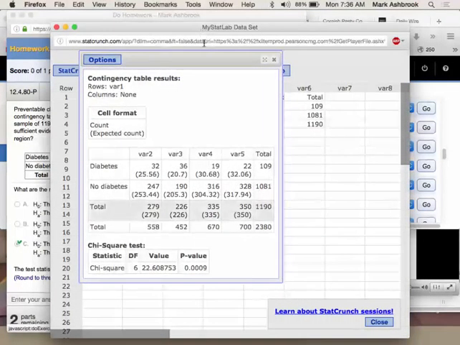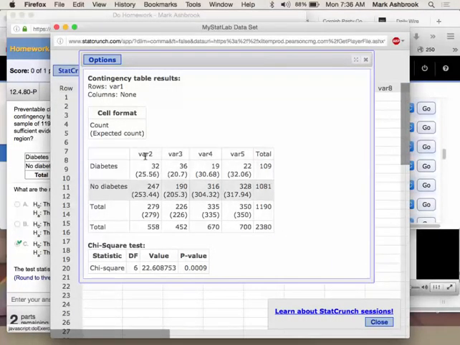So it gives the table, and then gives what would be expected. Remember how to find those? What would be expected if they were totally not associated? What would you expect for these counts? We took 109 out of 2380.